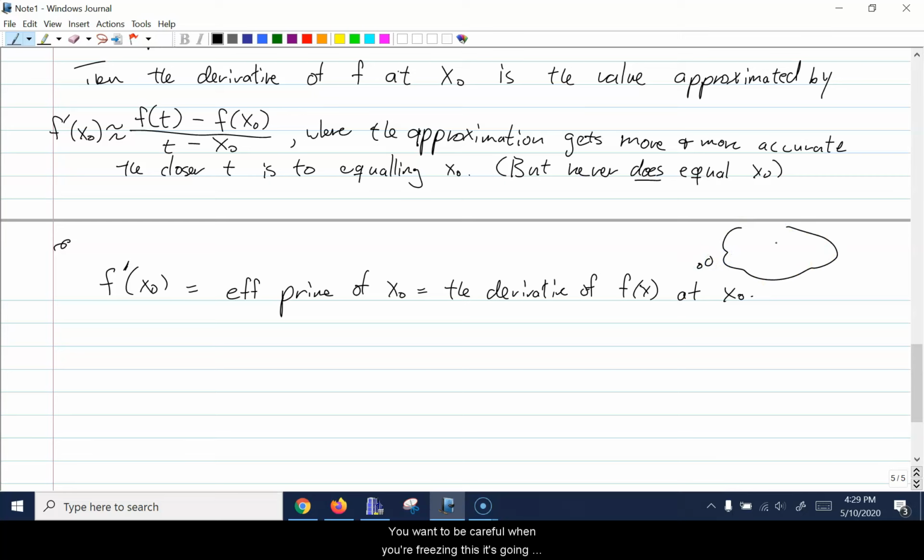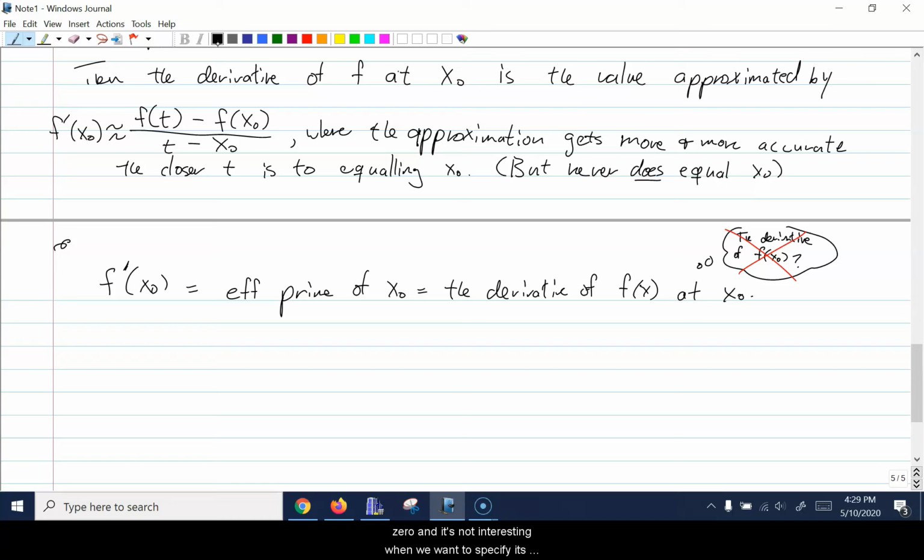You want to be careful when you're phrasing this. It's going to be tempting to say the derivative of f of x naught. But this is bad terminology because we always want to talk about the derivative of the function. F of x naught is a number. You can take the derivative of a number. It's going to turn out it's always 0, and it's not interesting.